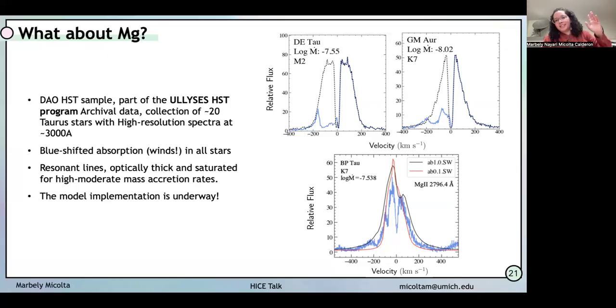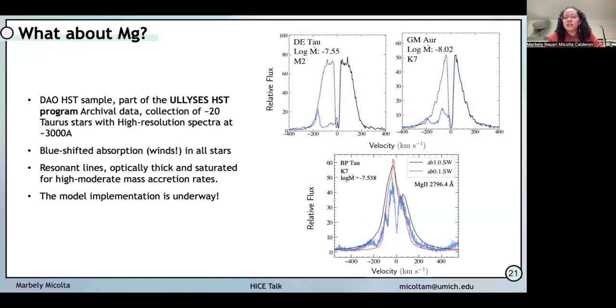But we clearly find that these have huge winds in essentially 90% of the sample. There is high blueshifted absorption, optically thick. Most of them are saturated. So it's becoming really tricky to try to say something about it, but the model implementation is underway. Since the lines are very strong, resonant and optically thick, it's becoming really hard to say something about the abundance.